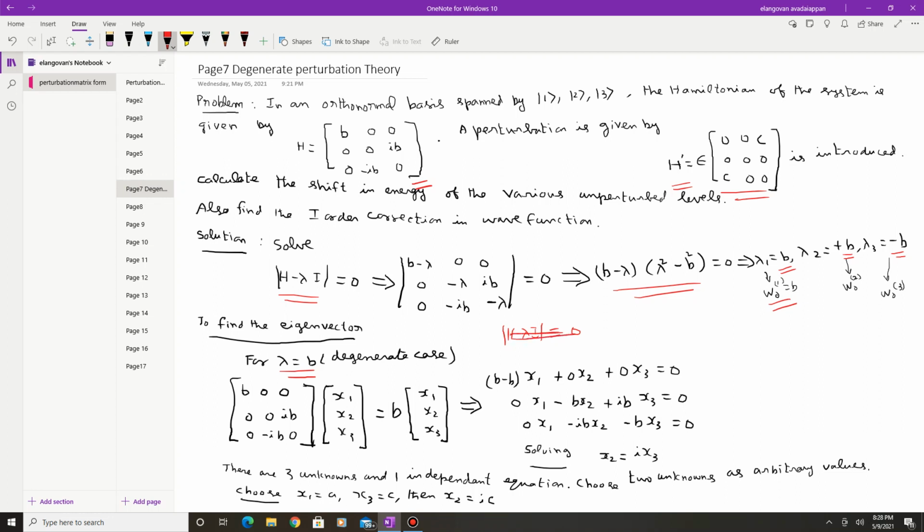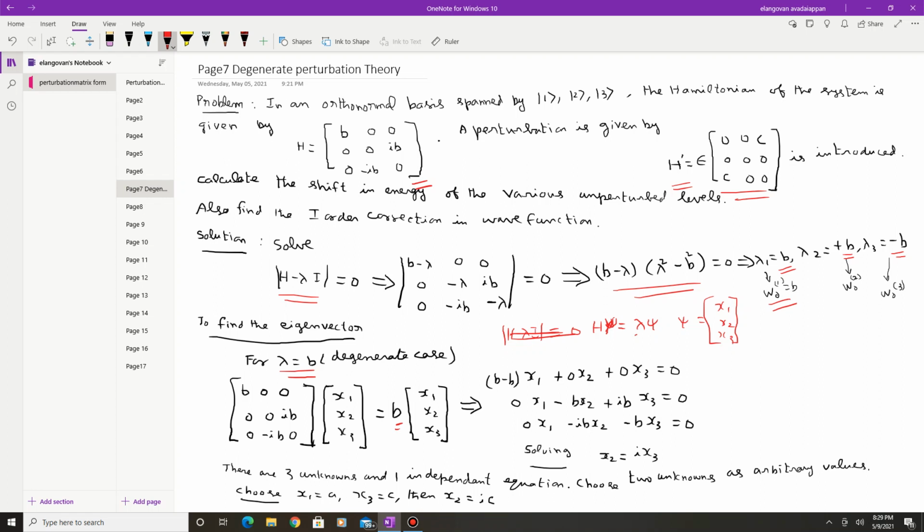Instead of doing this, we can write H psi is equal to lambda psi, where psi is given as x1, x2, x3. So solve this eigenvalue equation. Here H is given, your psi is x1, x2, x3, and your lambda here is B times x1, x2, x3. Let's solve this equation.